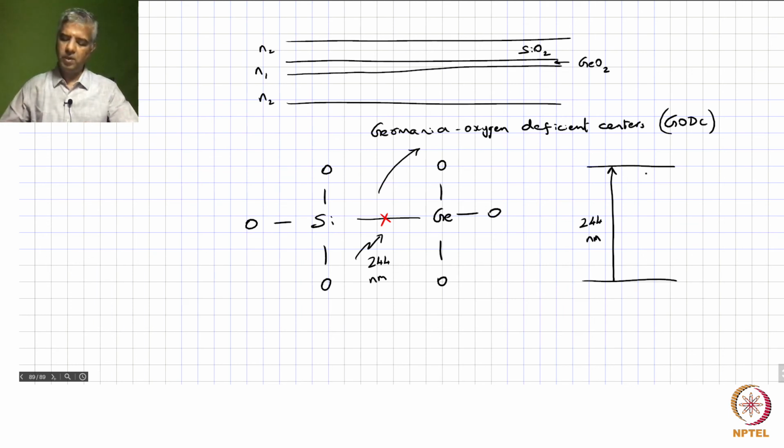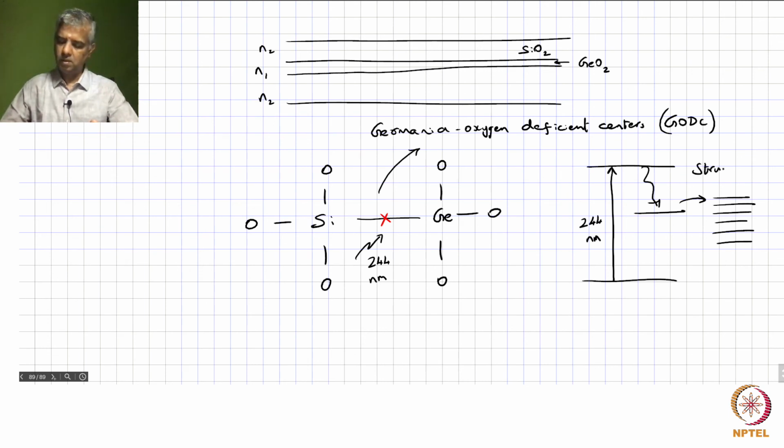That stress relaxation is what is actually causing the change in the refractive index in that medium. So essentially, when we have this 244 nanometer absorption, it goes to this higher energy level, and then it comes to this metastable state, and it is from this metastable state that it goes through some structural transformation and goes into one of these states.